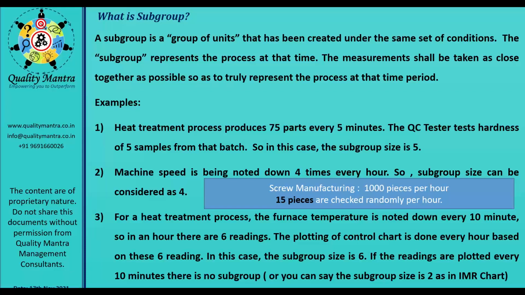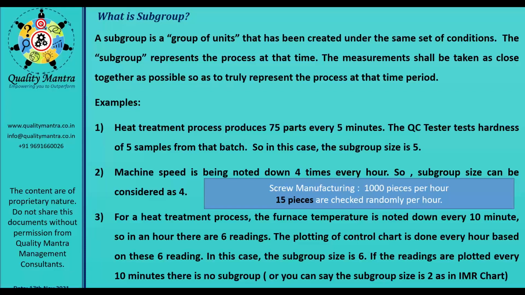Or if you are making 75 parts, 100 parts every 5 minutes, and you know that all these 100 parts or 75 parts are from the same batch, having almost similar characteristics, you will collect 5 samples out of that. Now those 5 samples that you collected every 5 minutes are basically a subgroup. You can term it as a subgroup.